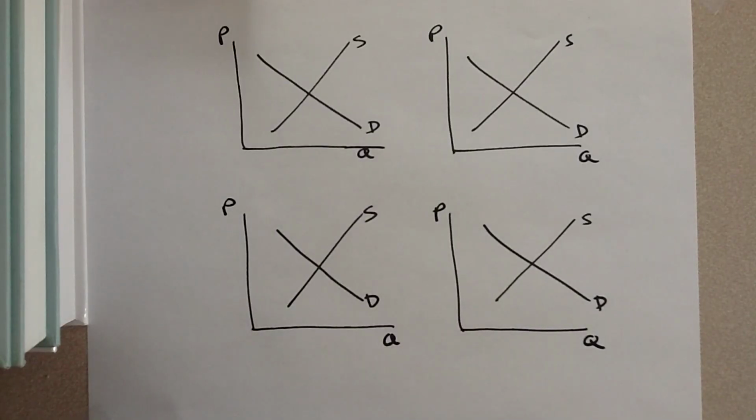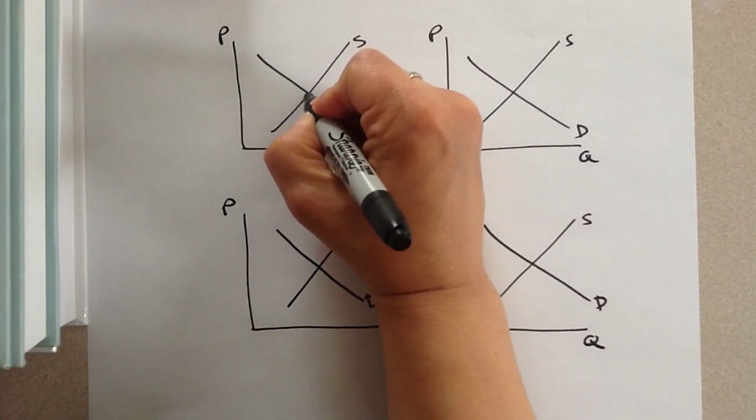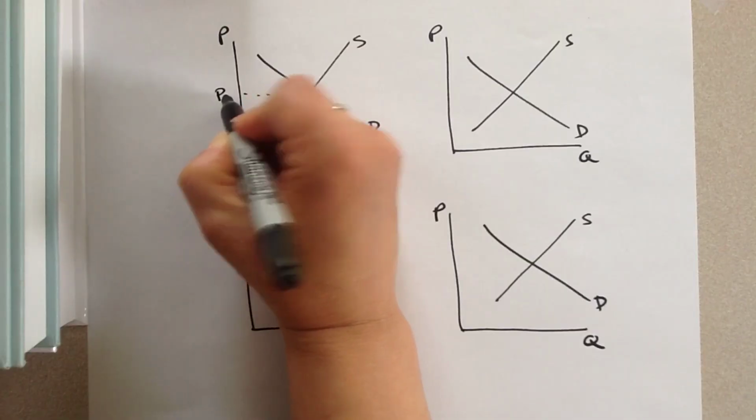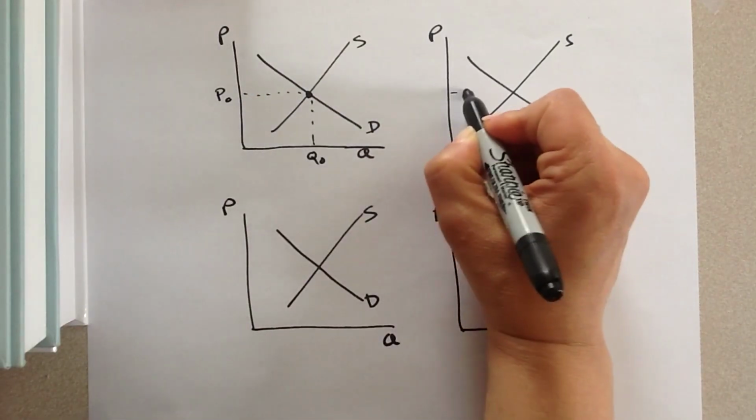Okay, so where all of them are at equilibrium, actually mark that. We have an equilibrium price and quantity.